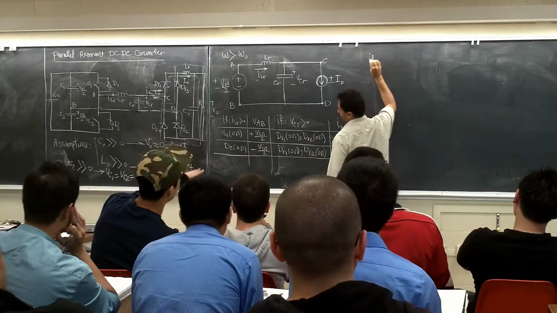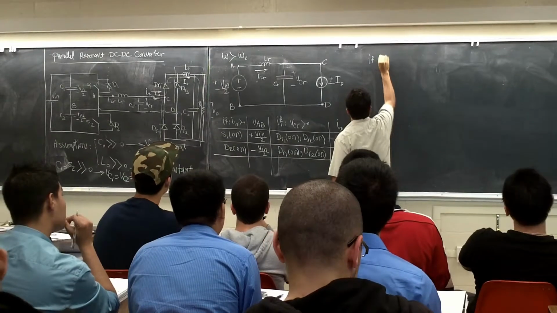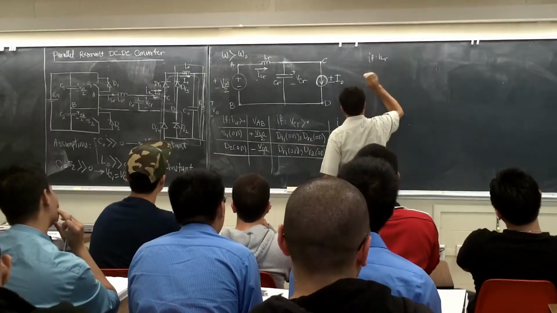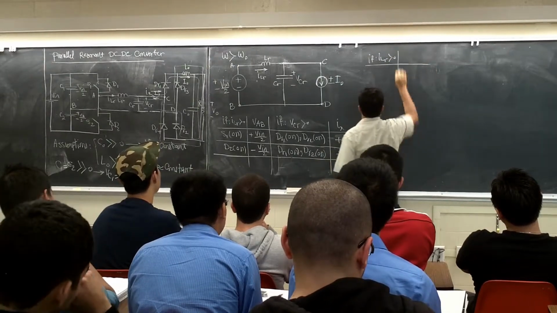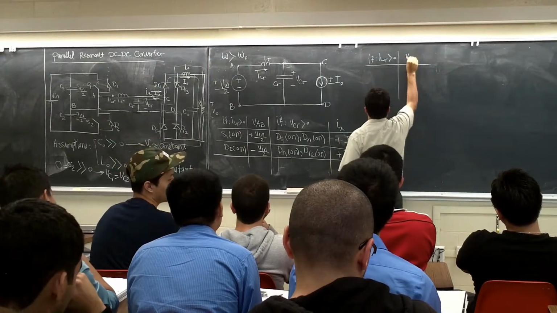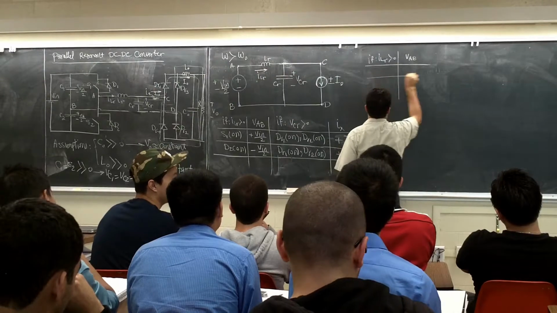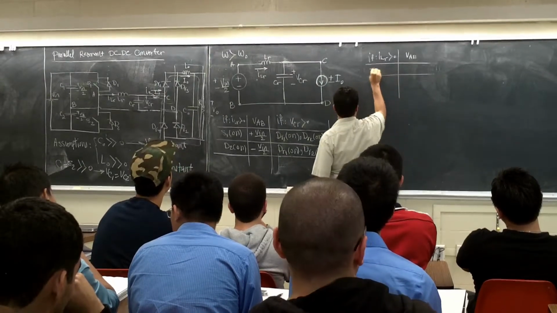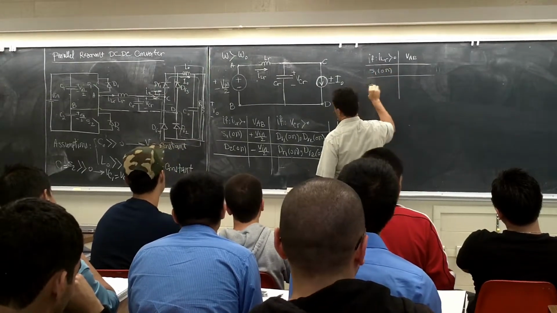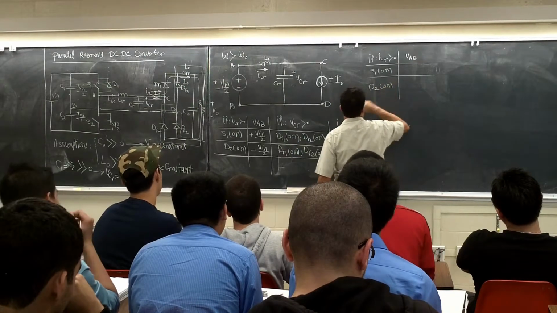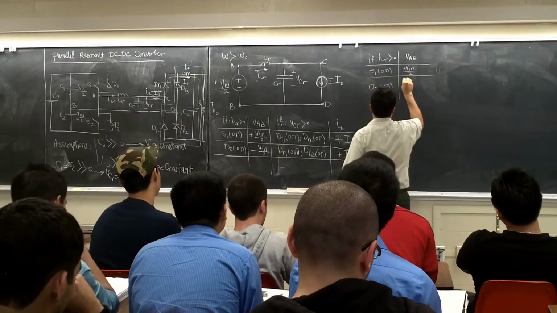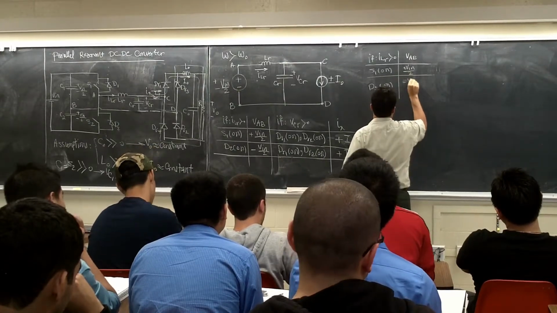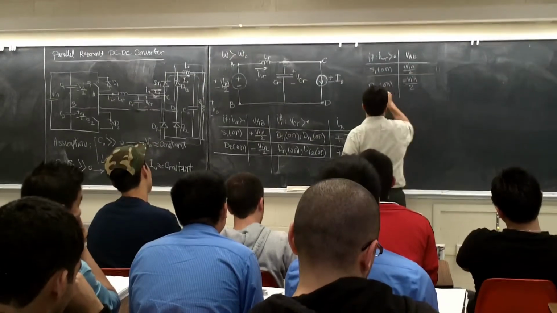Now we say if ILR is again positive, right? Again the same thing, S1 is on, D2 is on, and VAB is Vin over 2 and minus Vin over 2, right?